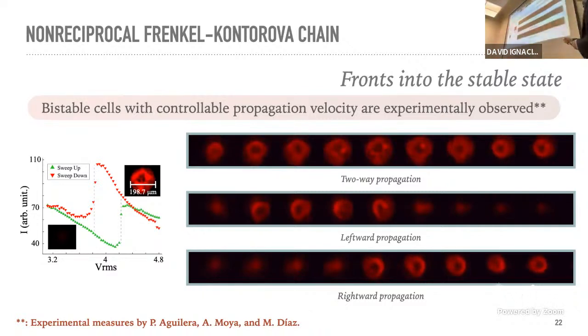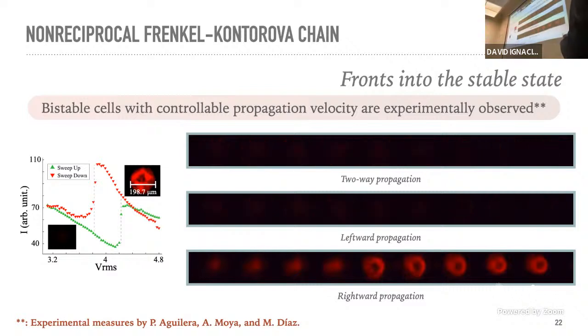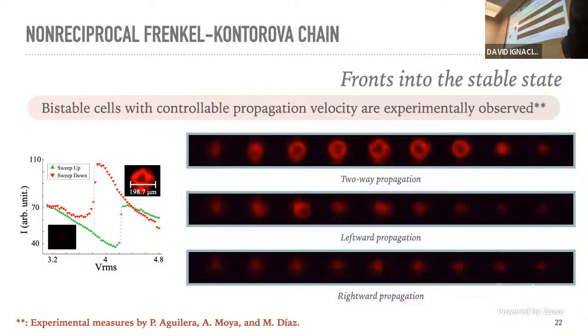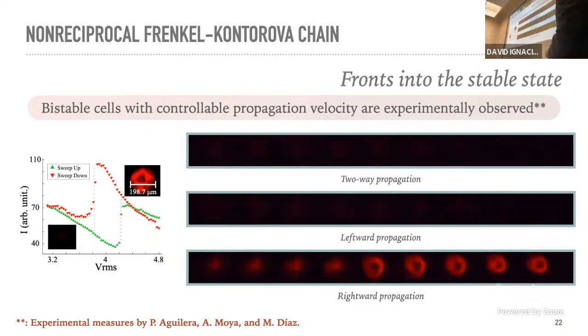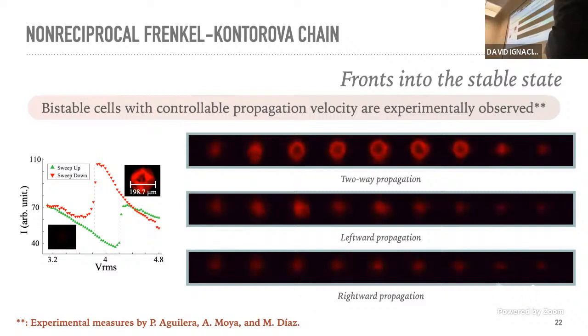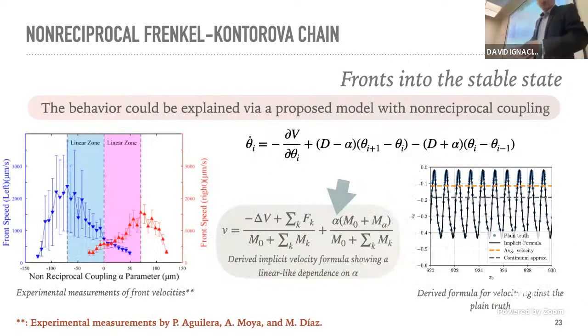So in the first video, I showed you that the perturbation propagates both ways. However, when you make some modifications, in particular, when we use translated optical feedback, you can control if the propagation goes to the left or to the right. So this could be explained with a model with non-reciprocal coupling.